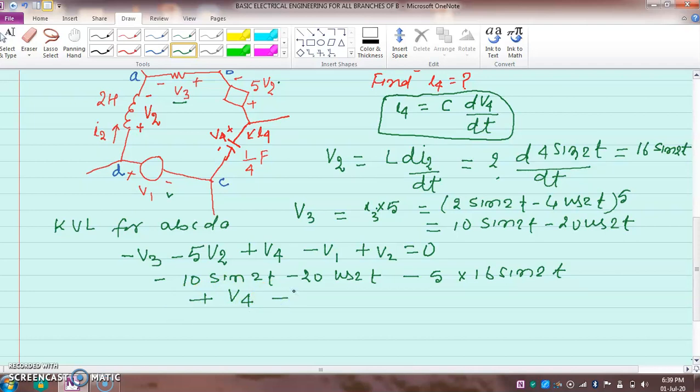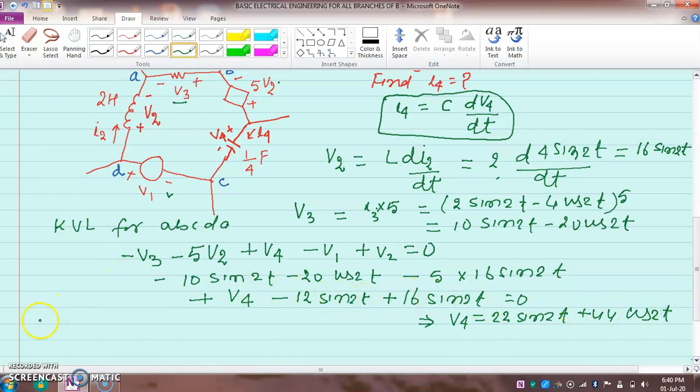V1 is given in the question as 12 sin 2t, plus V2, V2 is 16 sin 2t, equal to 0. You solve it and you will get V4 equal to 22 sin 2t plus 44 cos 2t. This is voltage.